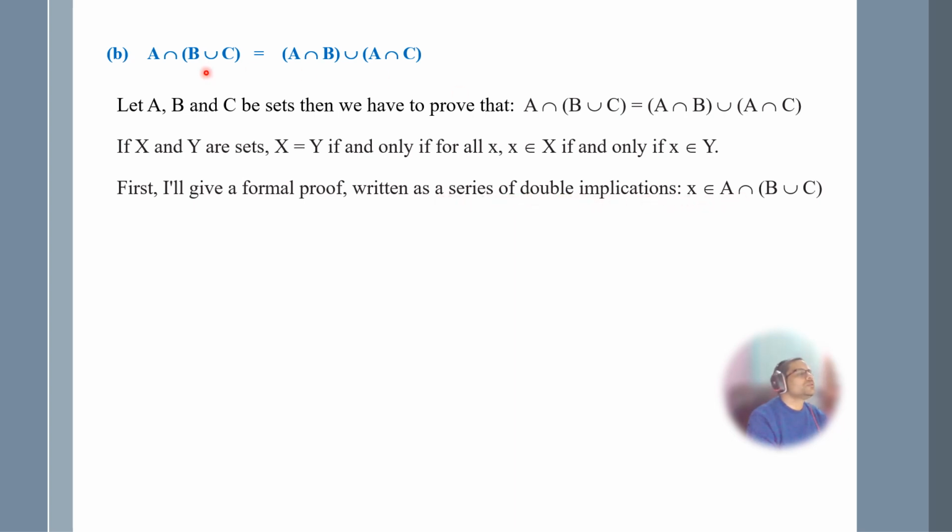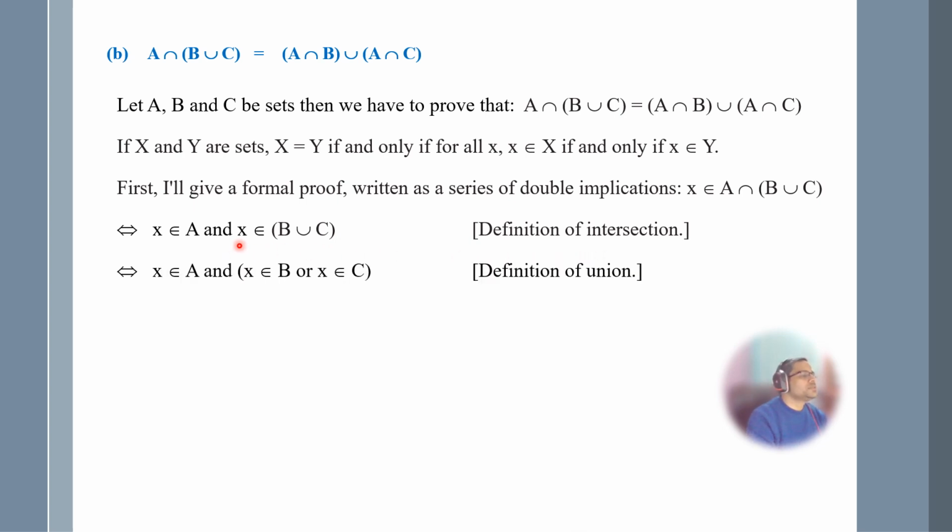x belongs to the left side of the given relation, that is A intersection (B union C). Then this is equivalent to x belongs to A and x belongs to B union C, by the definition of intersection.